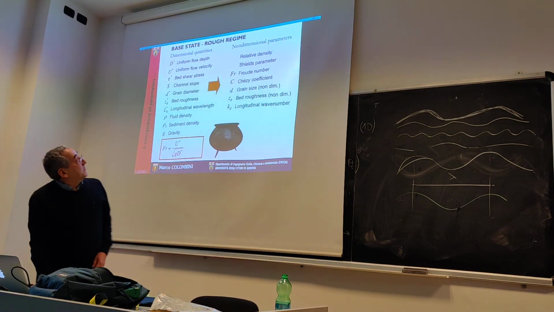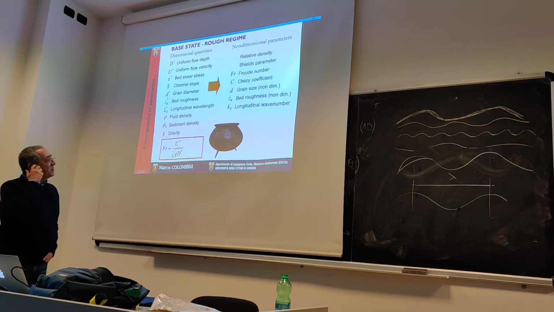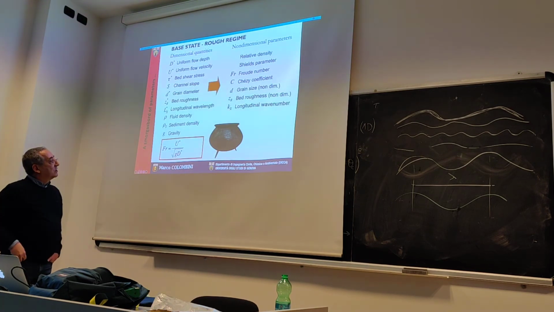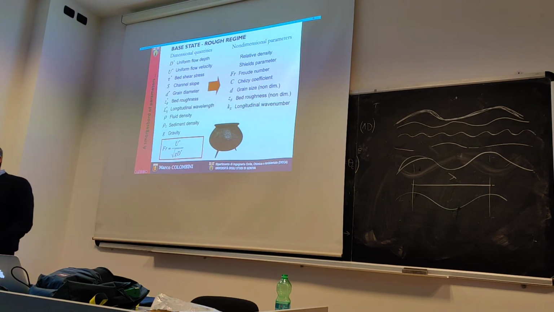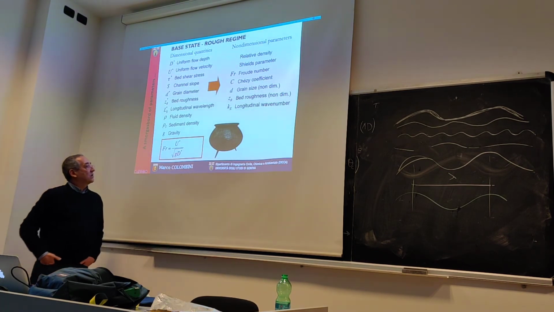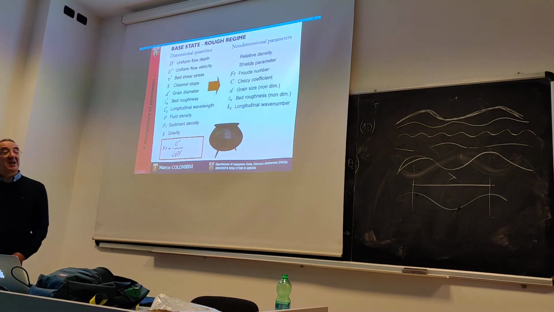Then you have the Froude number. The Froude number is something that characterizes the flow and is the ratio between these quantities. So it's the depth-averaged velocity, u, over the square root of g times the flow depth d star. Okay, this is the Froude number.